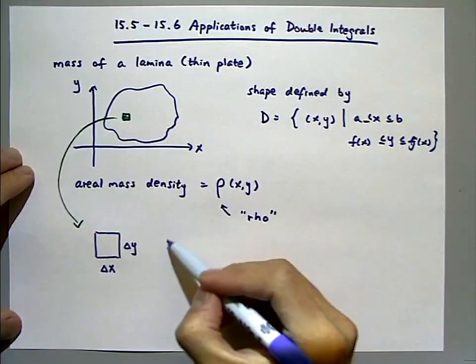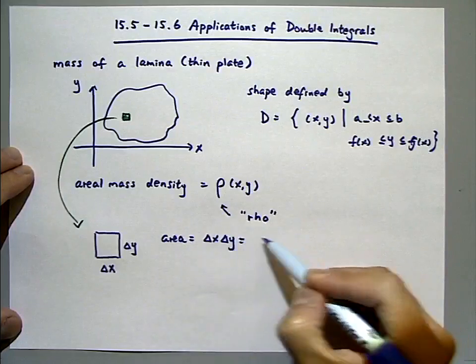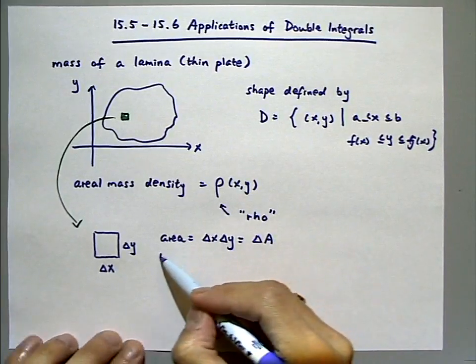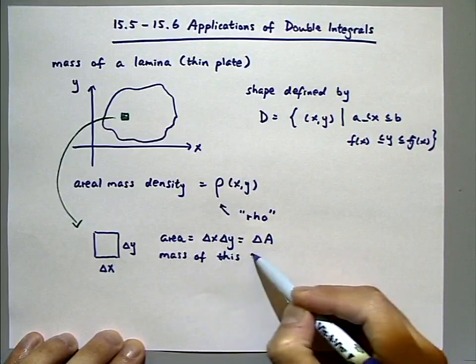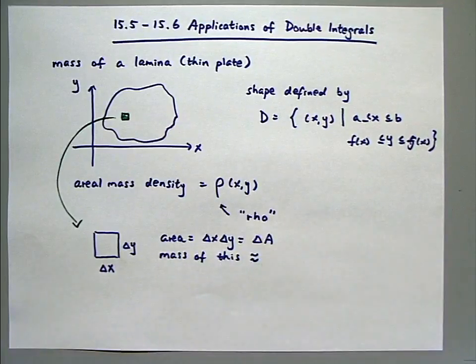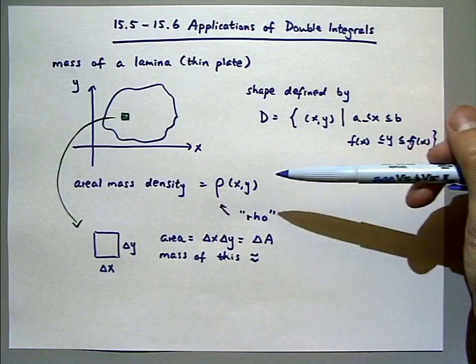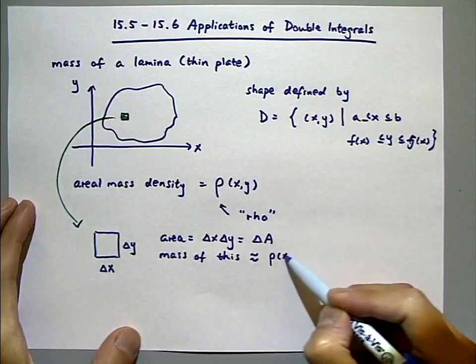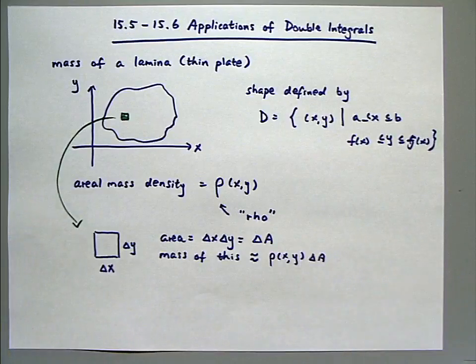And of course, the area is delta x, delta y equal to delta A, right? And so the mass of that tiny little patch here is going to be roughly equal to whatever the area is times the mass density nearby that point. So it's roughly rho of x y times delta A. Okay? So that's the mass of that tiny little thing.